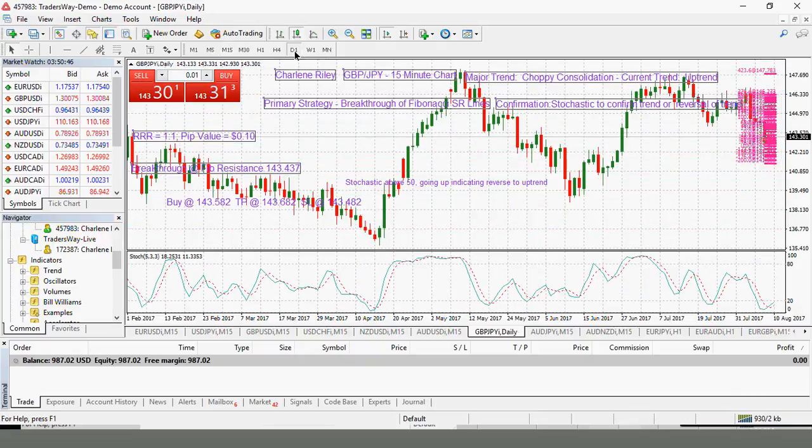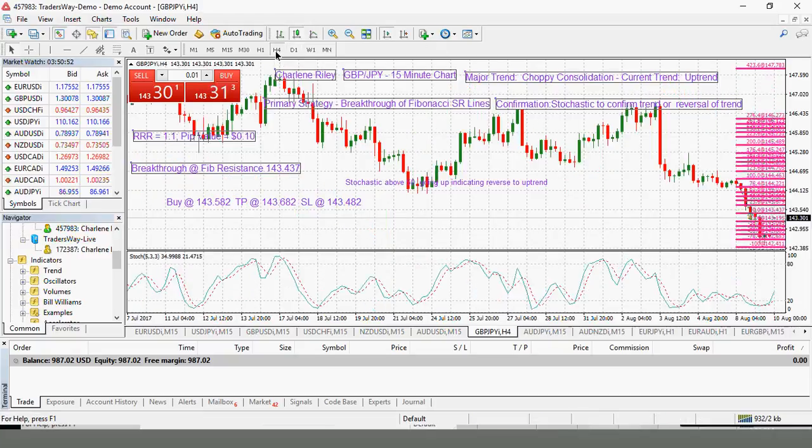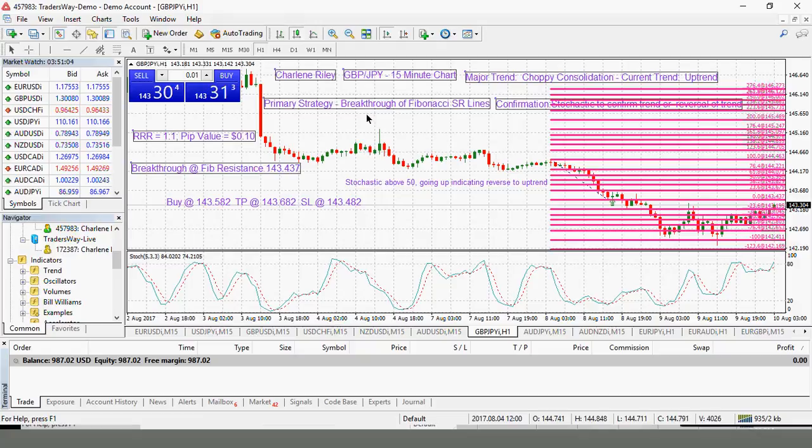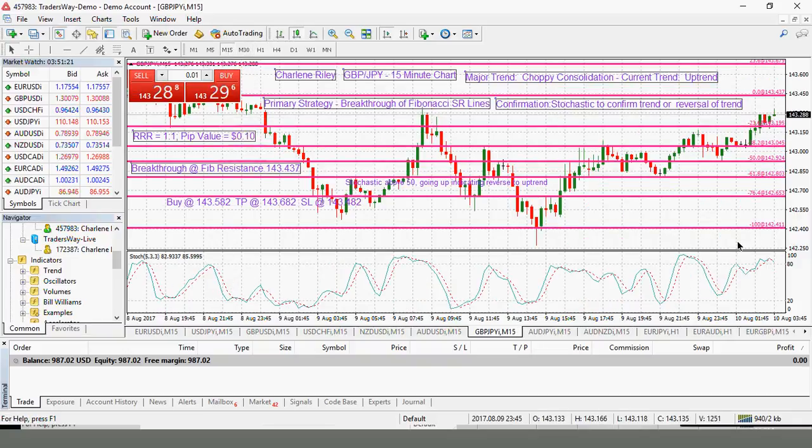And you see that on the daily it's been going up. 4 hour it's been trending down, but then lately it's been going back up. 1 hour it's been overall downtrend the last few days, but is now trending upwards. And so in that we can see that clearly here.